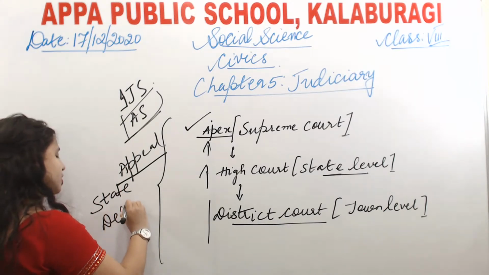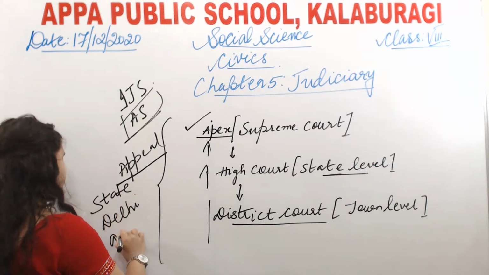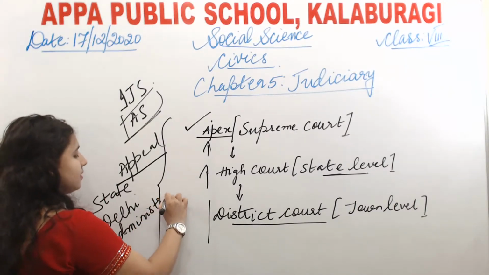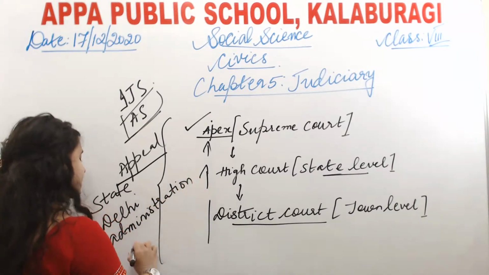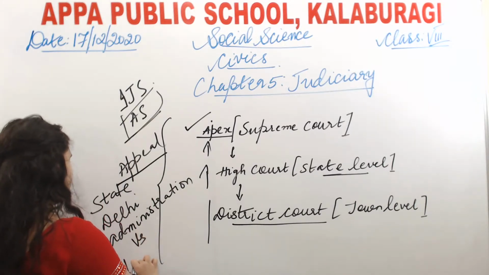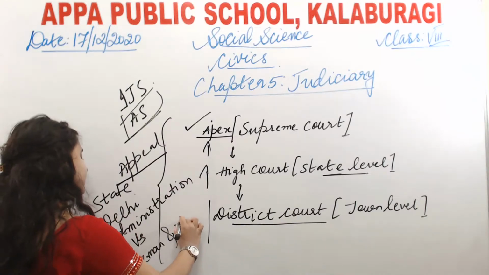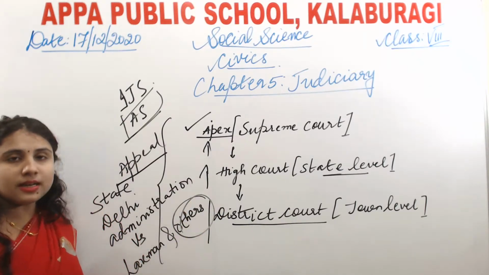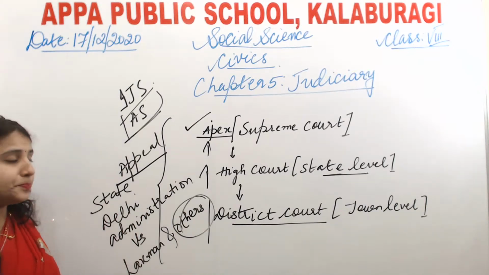Then we saw State, Delhi Administration versus Lakshman and others. Now who were others here? Lakshman's mother and Lakshman's brother.